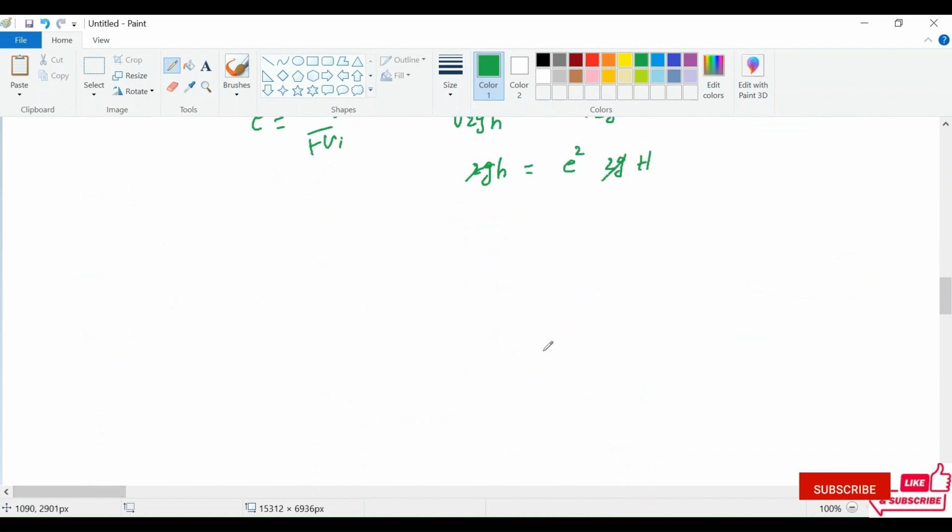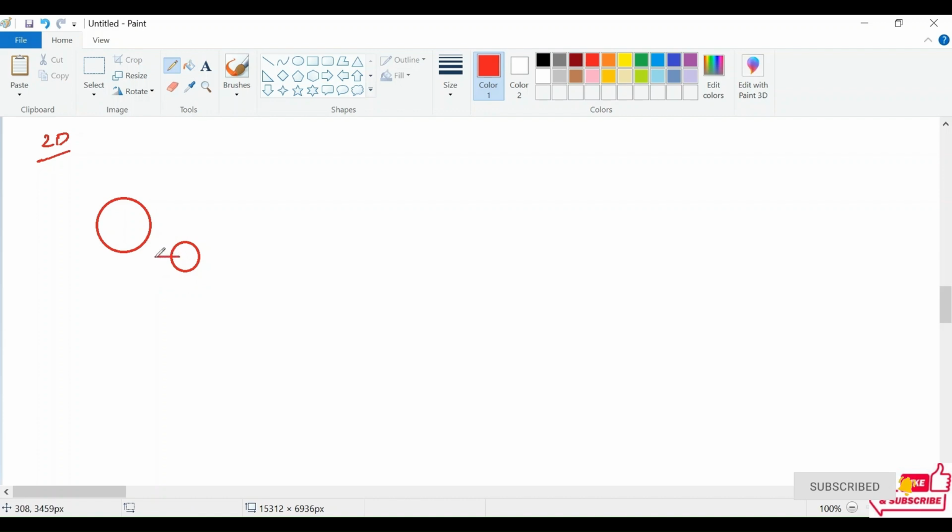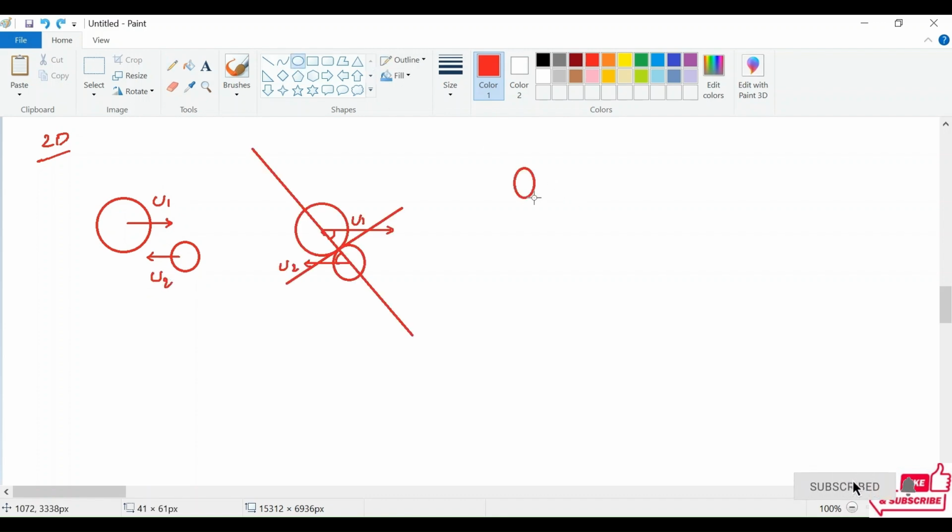So this is fully called 1D collision, one dimensional collision. Now let's see 2D collision. Now you see, it is going straight. This is the direction of it, and this is also the direction. Now they collide. Its velocity is u1, initial velocity. Its velocity is u2, initial velocity. This is one ball and this is another ball.